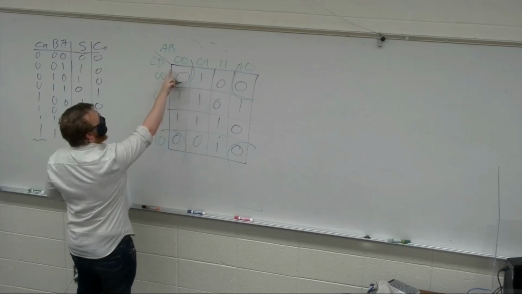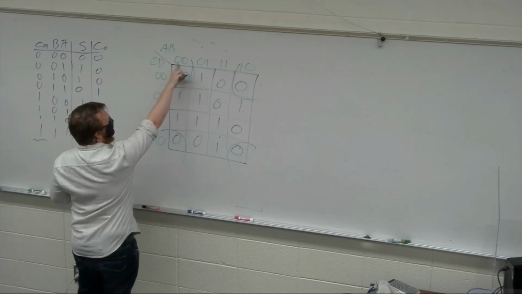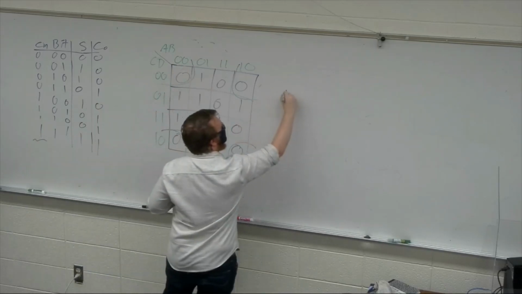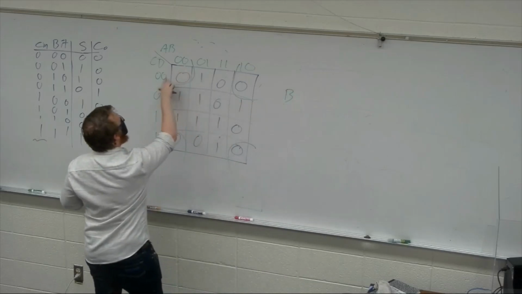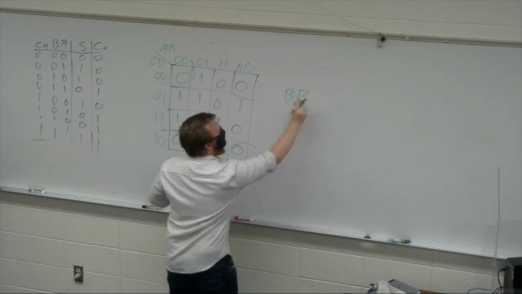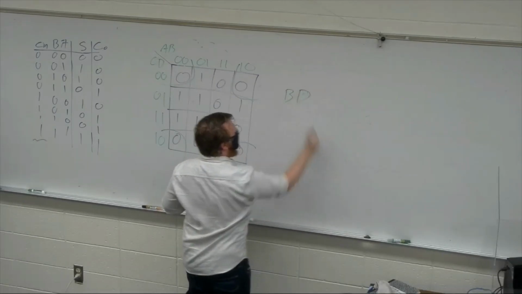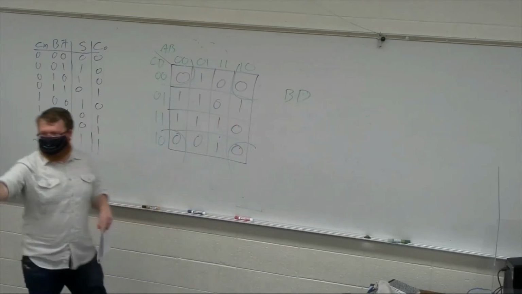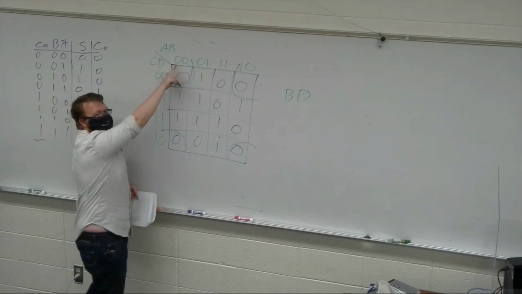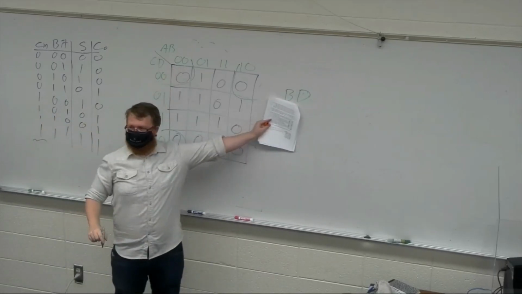Well, let's walk through. So A changes, B doesn't change, and then C doesn't change. Because it's product of sums, I'm looking for the zeros. So they are zeros, so they're not bothered.